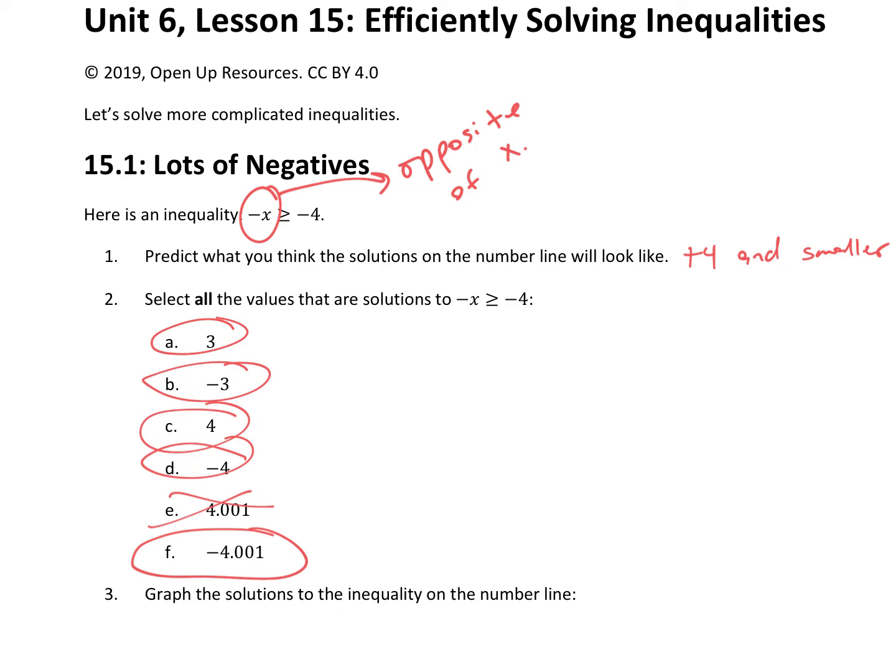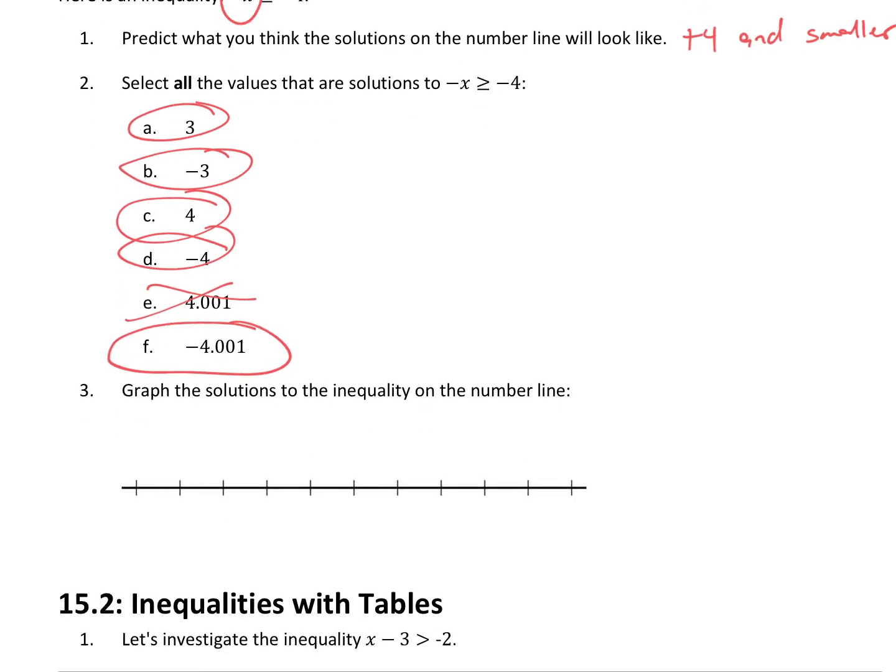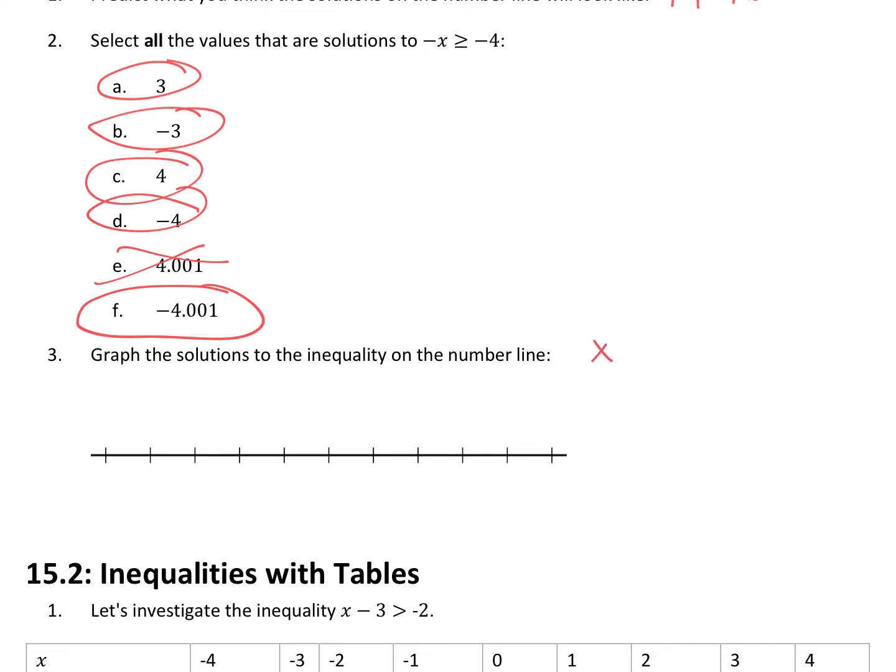Now let's graph these on a number line. I want all numbers less than or equal to 4, so I'm going to put 4 in the middle and build my number line around it. I'm going to have a closed circle because I want to include 4 in the solution, and my arrow is going to point to the left.